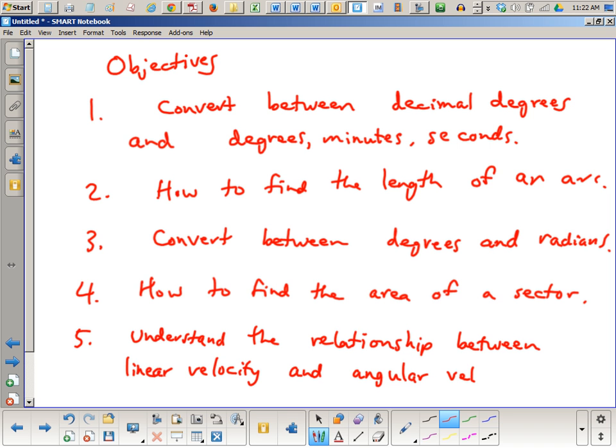So I know that's a lot to write, but I assure you each skill is very simple. There's just a lot of them. Okay, so let's get started with objective 1.